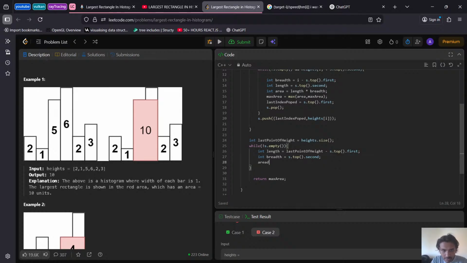Okay, once we have both of these, we need to calculate area. Let's get area. So int area will be simply length into breadth. Let's do max area is equal to max of the area comma max area.